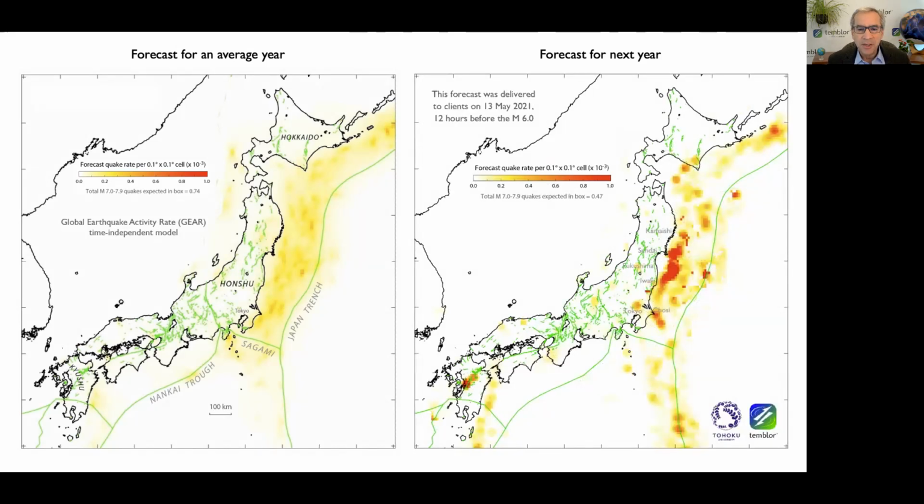And as you can imagine, because of stress transfer on these 3, it's gotten even redder there. And we submitted just last week this to our clients, and then 12 hours later, we had a magnitude 6 here. So it continues to give us a refined and accurate picture of what could happen next.